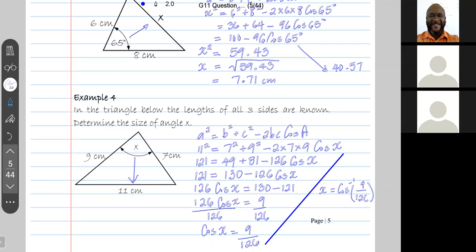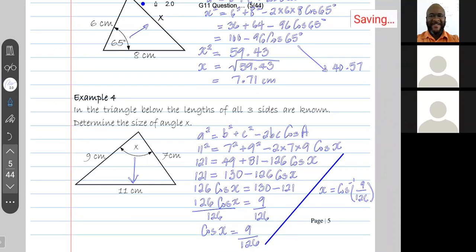On a more advanced calculator, once you put cosine inverse, it will automatically put an open bracket for you. So shift cosine inverse 9 divide by 126, close bracket, press equal.